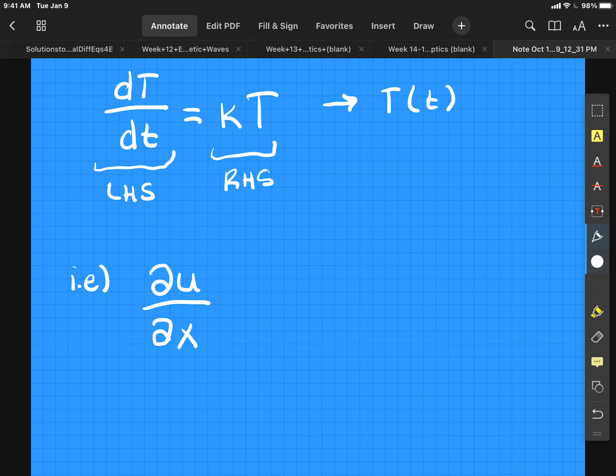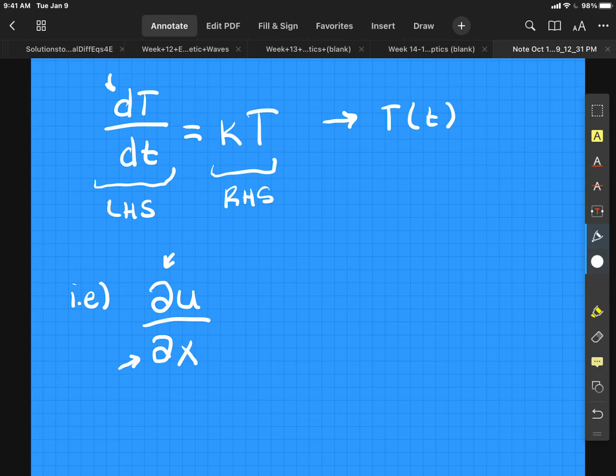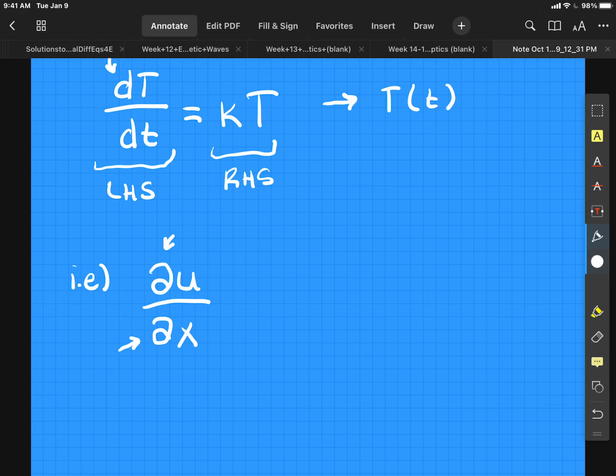Now we know this is a partial derivative because we see this curly d as opposed to the more regular looking d that we have in our ordinary differential equation.